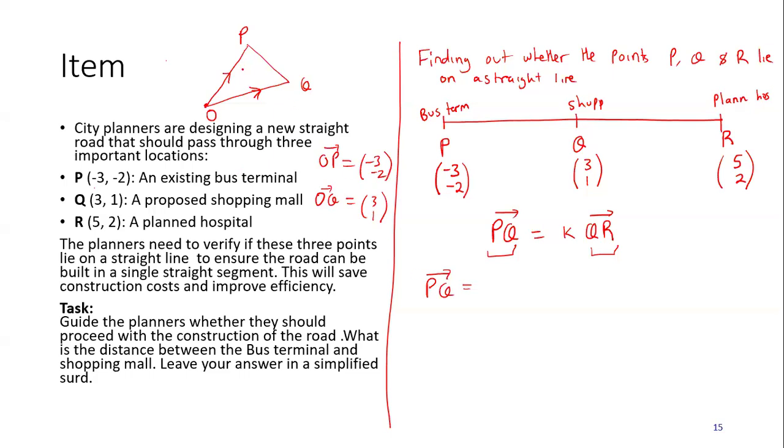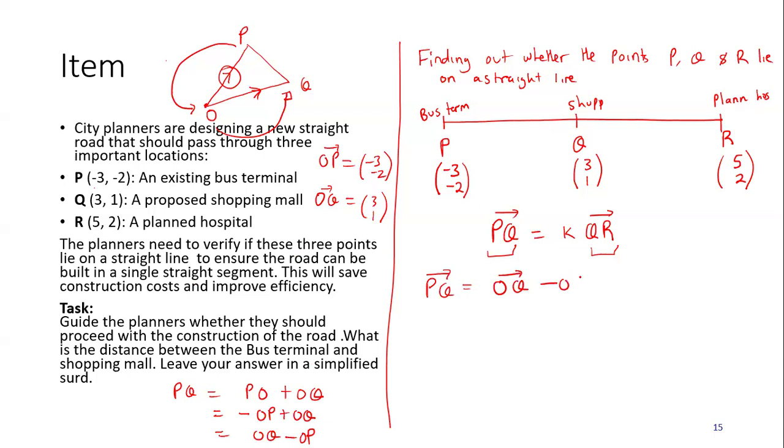In order to get P to Q, I move from P to O, then O to Q. So P to Q is given by PO plus OQ. But when I'm moving P to O, I'm opposing the direction. So PO is the same as negative OP plus OQ, which is OQ minus OP. So PQ is vector OQ minus OP.